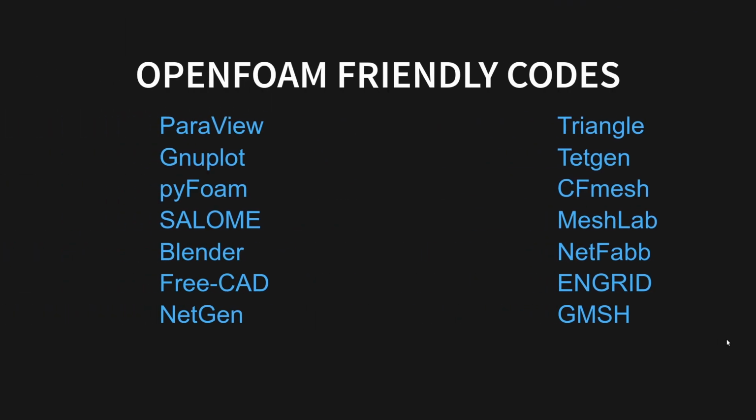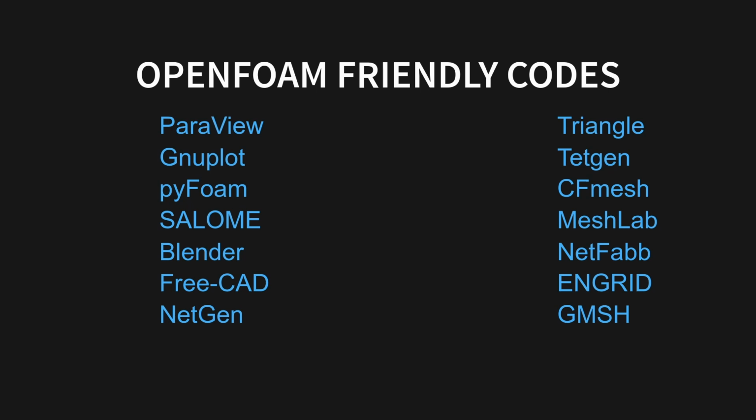The last thing to do is to install supplemental tools that you may want during your simulation. This is because while OpenFOAM is solving CFD problems, it doesn't come with graphical visualization capabilities, so you need an external tool for that. Here is a list of some of these tools. In this course, we are using tools like ParaView, which we have seen before when I ran the paraFoam command.